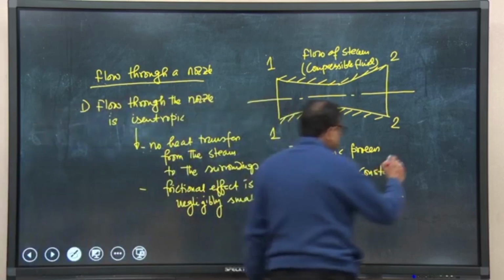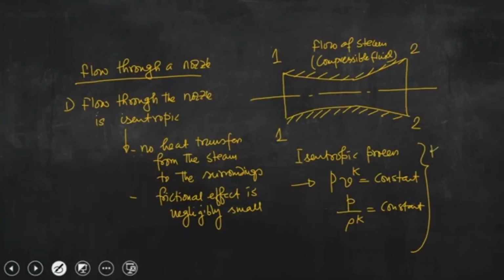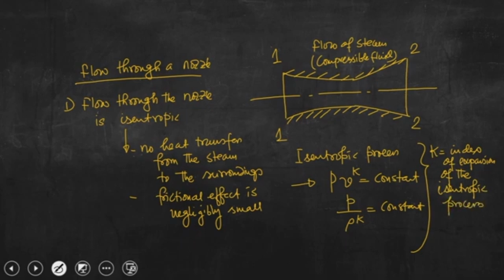So, here let me write: k is the index of expansion of the isentropic process. Okay. So, this is number 2.